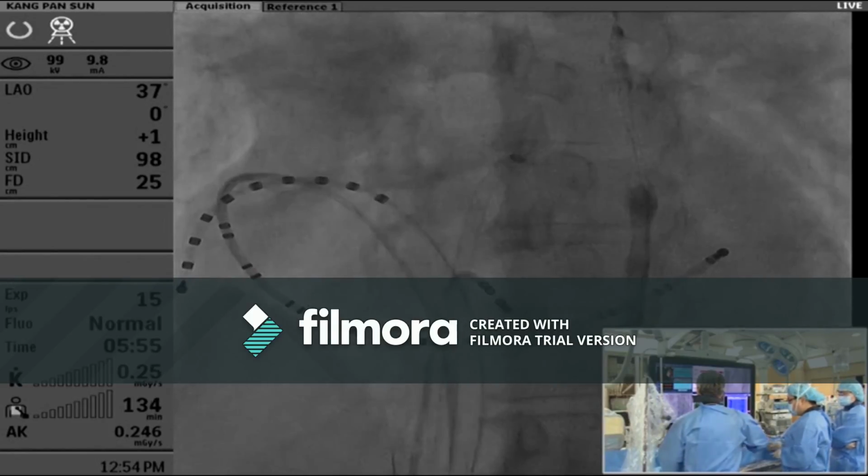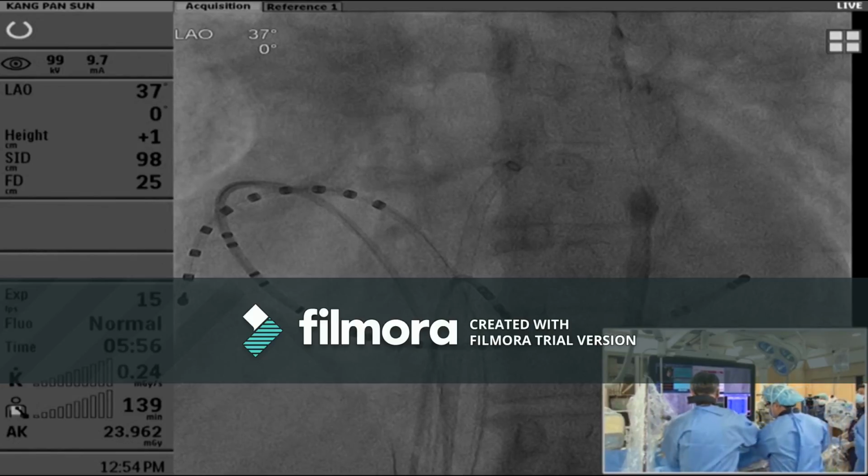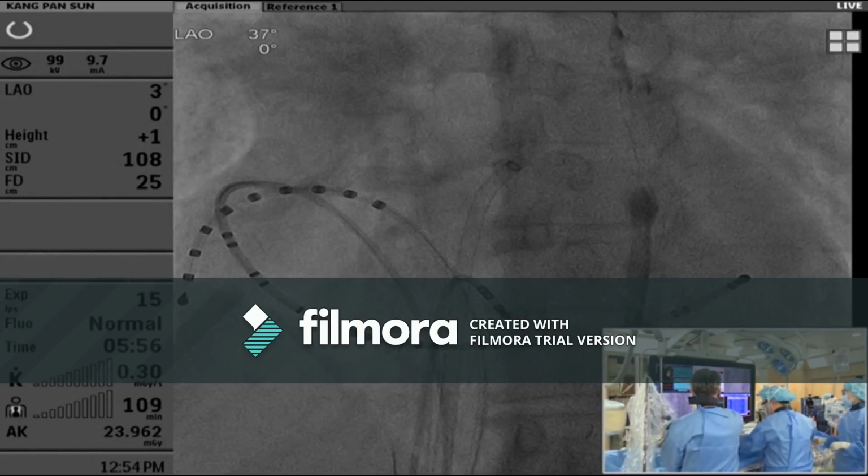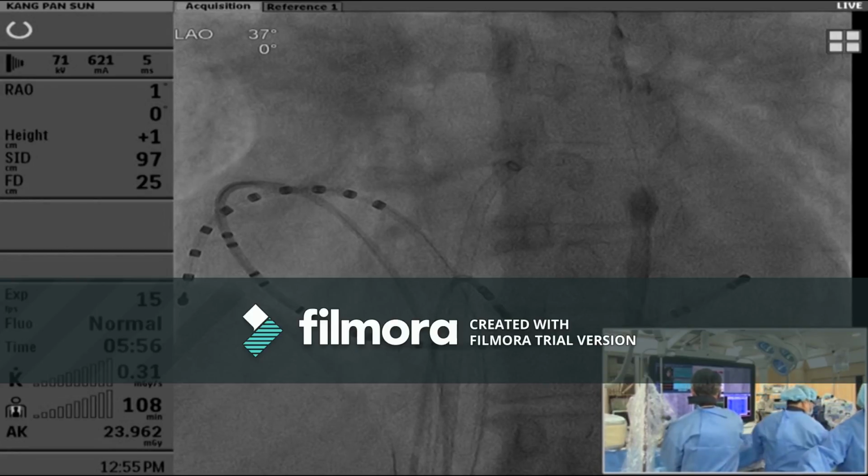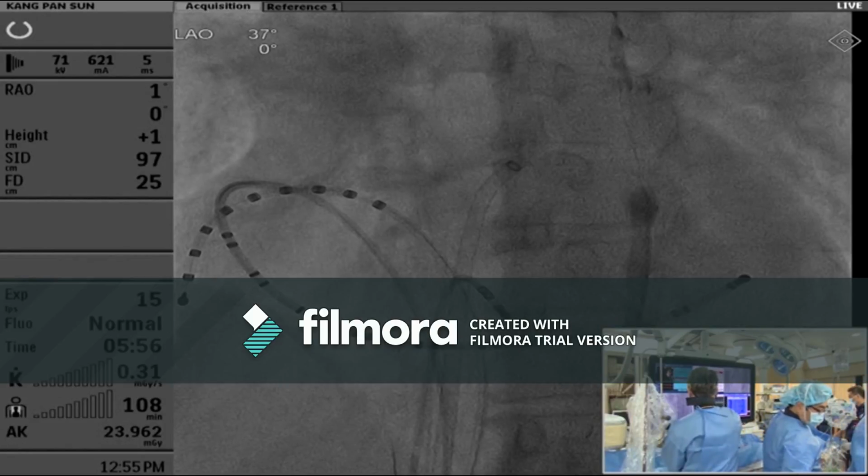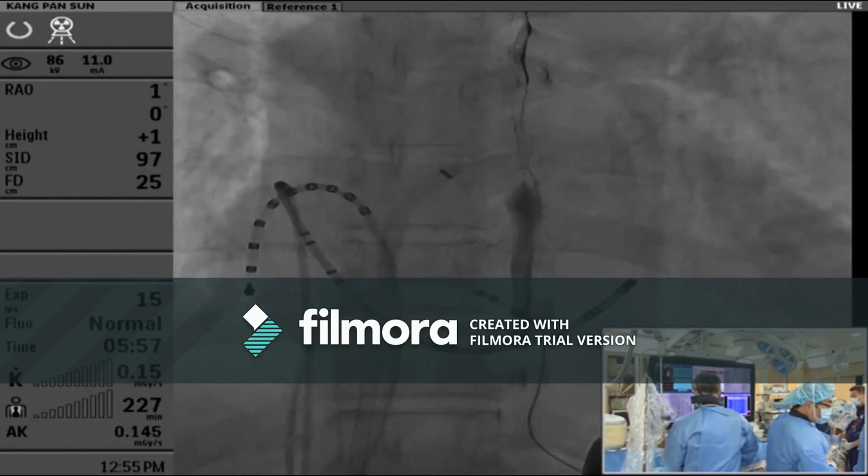If you see the sheath after we take out the dilator with the needle, this is the anterior bouncing and then superior like that. Okay, that's very important.